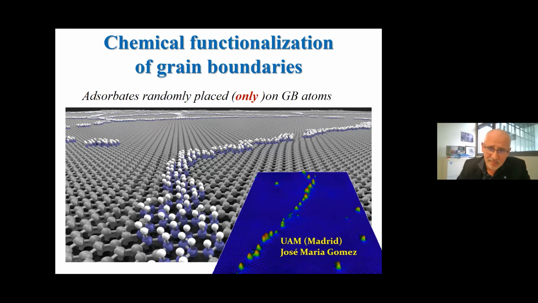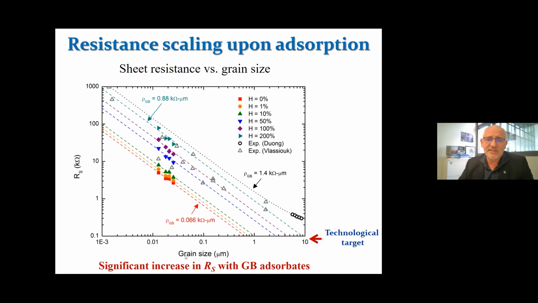And again, I'm showing some pictures from my friend, who really found this kind of chemical functionalization of grain boundary by hydrogen in his laboratory. So here is a result of the simulation of the sheet resistance versus the average grain size.